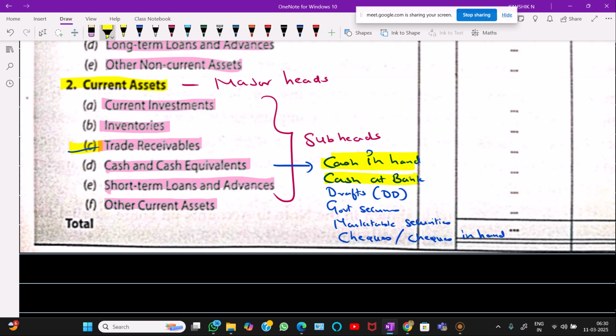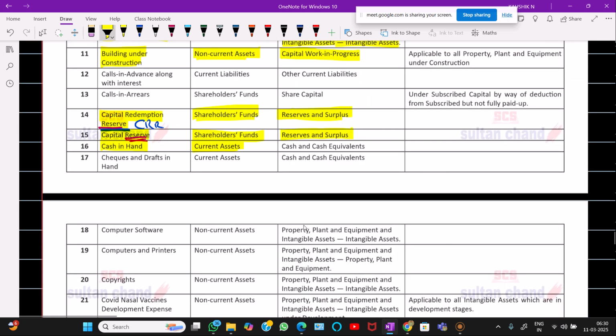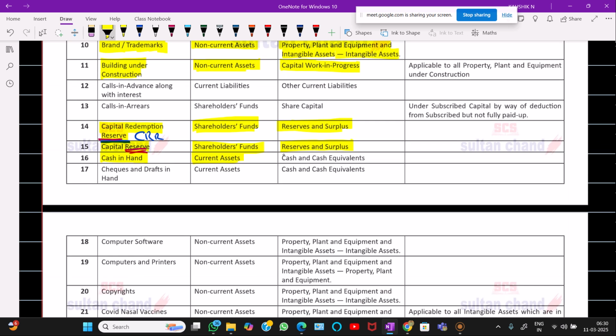Cash at bank is an item of cash and cash equivalents. Draft, demand draft, government securities, marketable securities, checks, or check in hand. All these things are part of your cash and cash equivalents. So in that way, cash in hand is a cash and cash equivalent item.